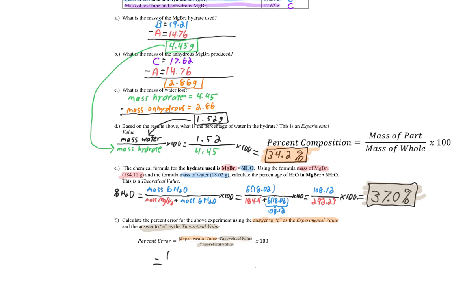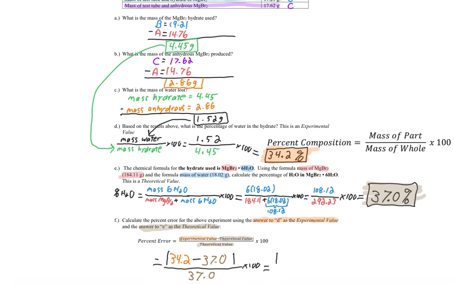The absolute value of 34.2, which is my experimental value, minus 37.0, which was my theoretical value, all going to be divided by 37.0, and then I'll multiply by 100.